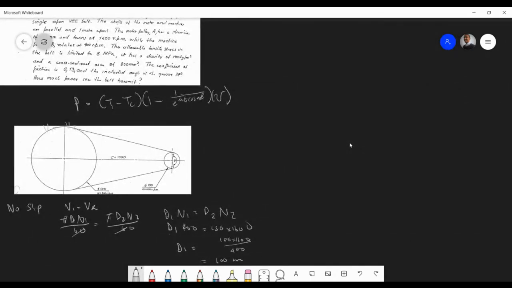Then it's an open flat belt. So theta over 2 is cos inverse of 300 minus 75 divided by the center distance of 1,000, which is 1 meter. What is our angle there? What would theta be?